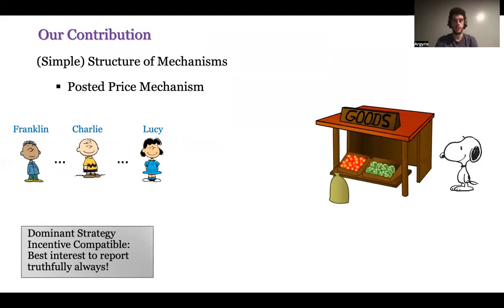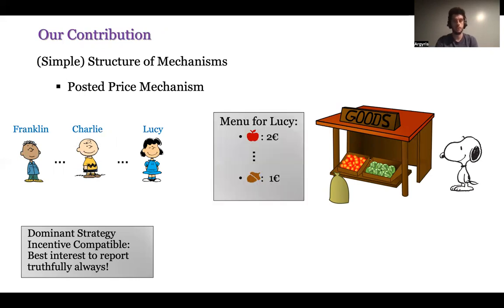Moreover, our computed mechanism has a very simple structure. It is either a two-part tariff that we mentioned before, or a positive price mechanism. In a positive price mechanism, buyers arrive sequentially and in an arbitrary order. Each buyer is presented with a personalized price menu and can purchase at most one item.